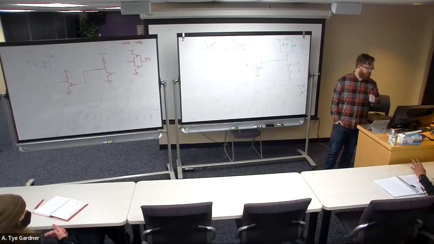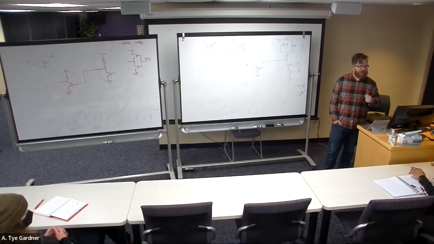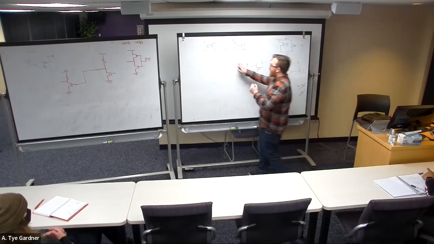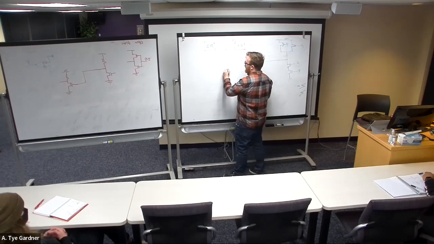You said something about a device having both 0 and 1, but if it's one device, how can it have two outputs? Or would it have to be two devices? So let's say we designed a circuit.